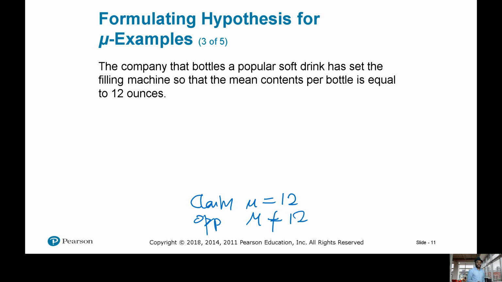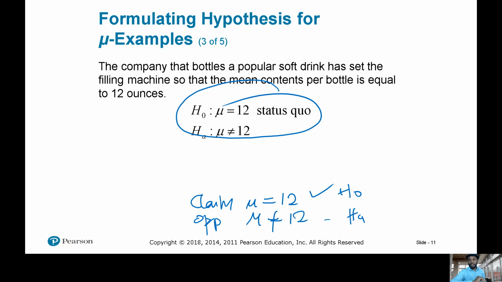I'm sure you knew that already. Cool. So looking at this, we can see that our null hypothesis is our claim. So this is going to be H0. And our opposite is our alternative hypothesis. So there it is. Now, of course, you know the next question. What type of test are we going to conduct? That's right. It's a two-tailed test. Fantastic.